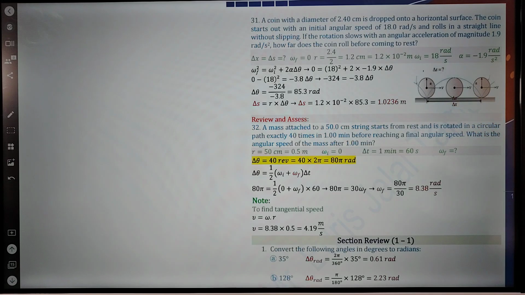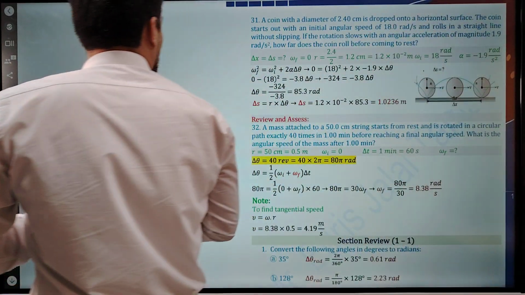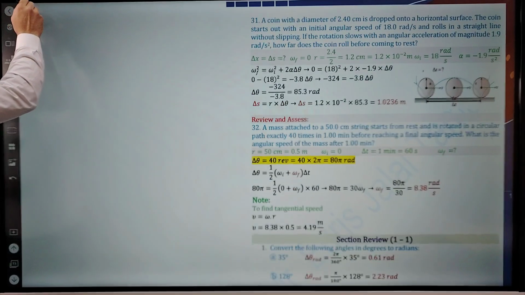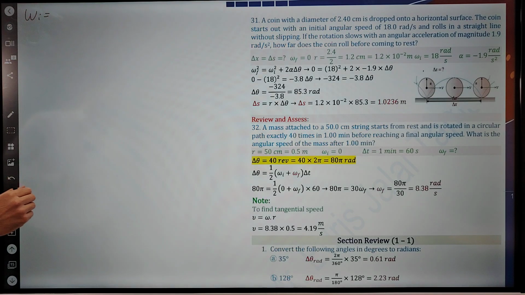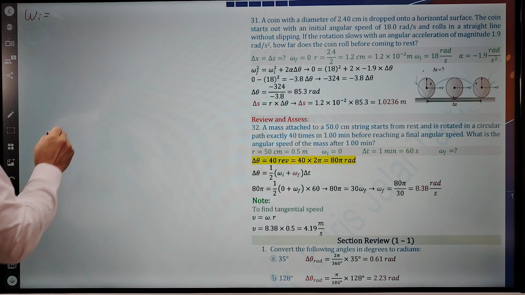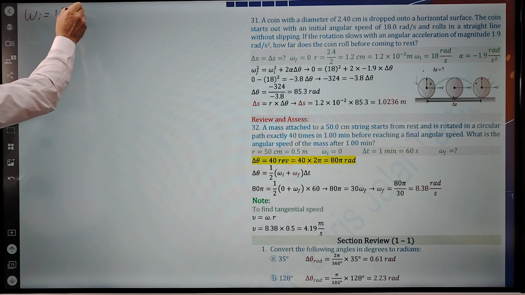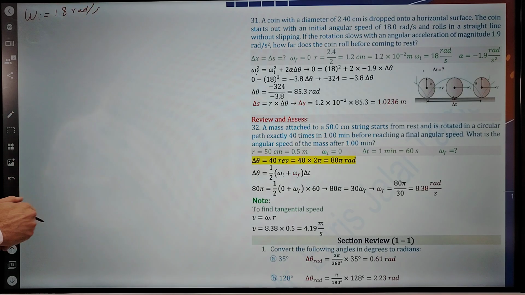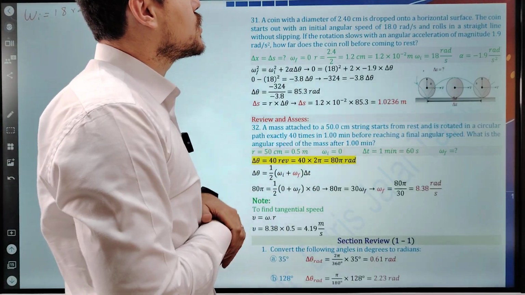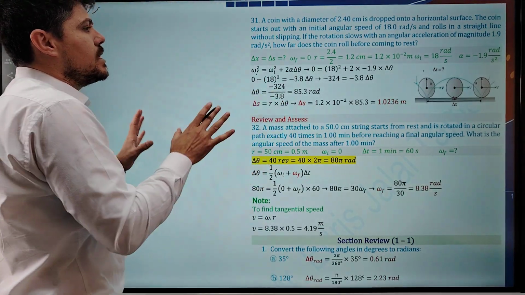This is the horizontal surface. The coin starts out with an initial angular speed of 18 rad per second. Omega initial is given and is equal to 18 rad per second.